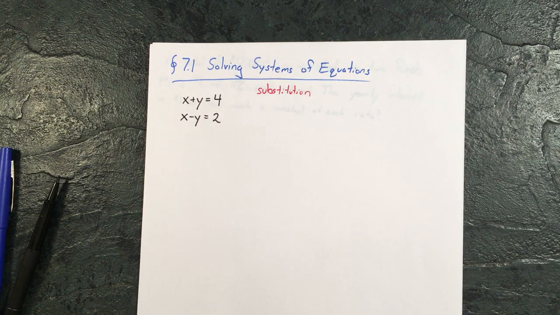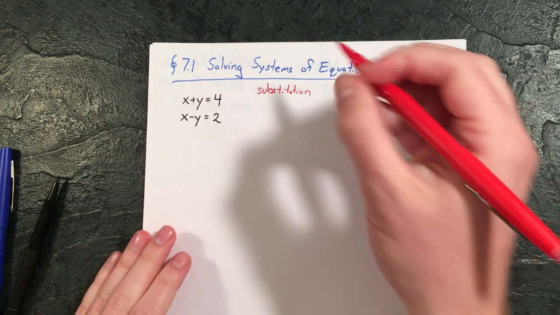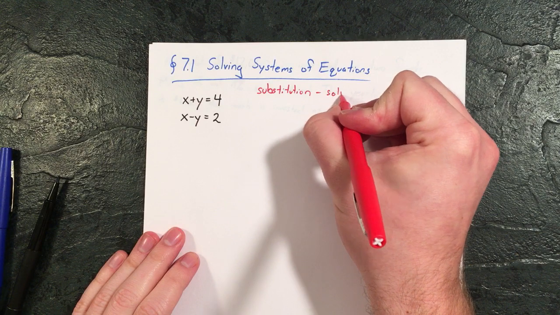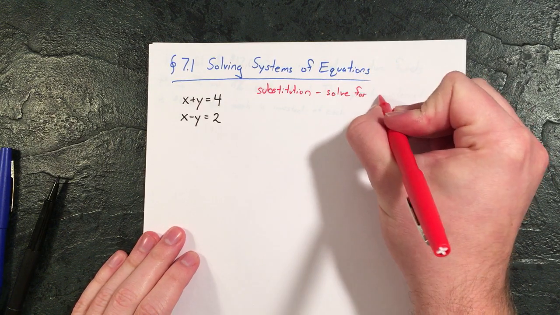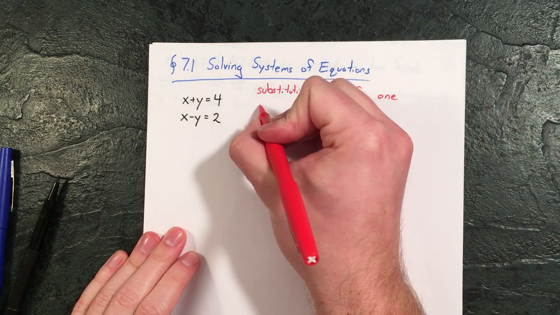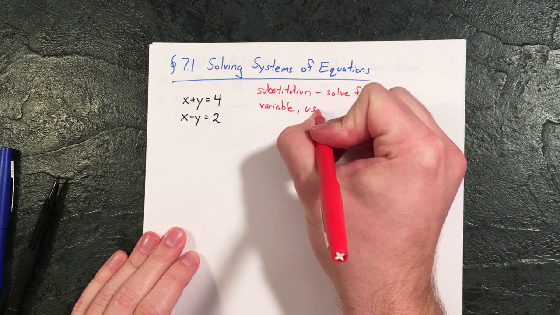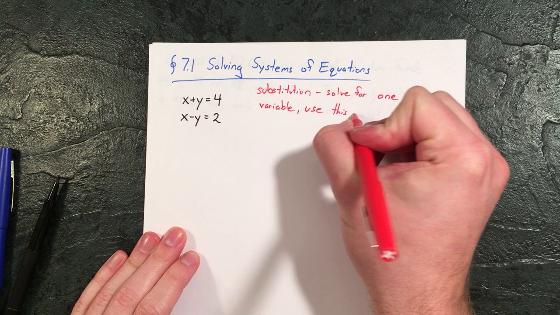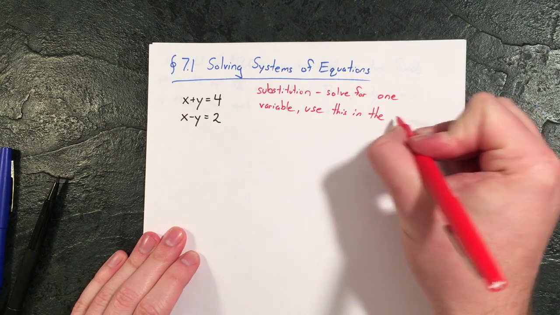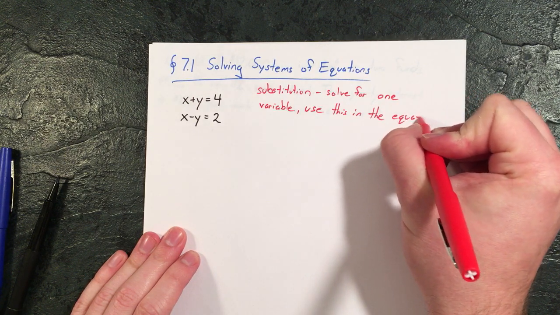What's going on in substitution is you solve for one variable and then use this in the other equation.